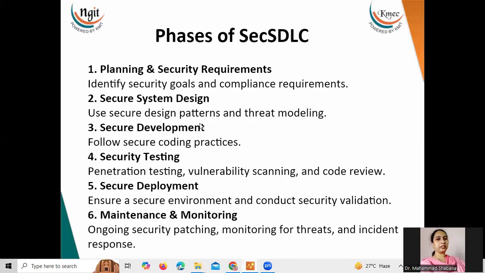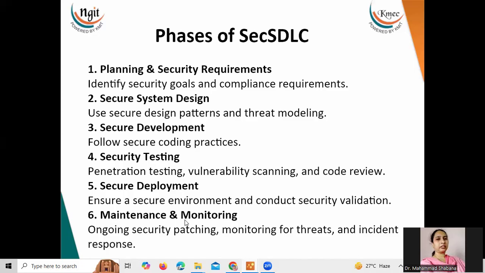During development, secure coding practices are followed. And in testing, we perform security tests like penetration testing and code reviews. During deployment, security validation is done. And finally, during maintenance, continuous monitoring and patching help protect the software from new threats.